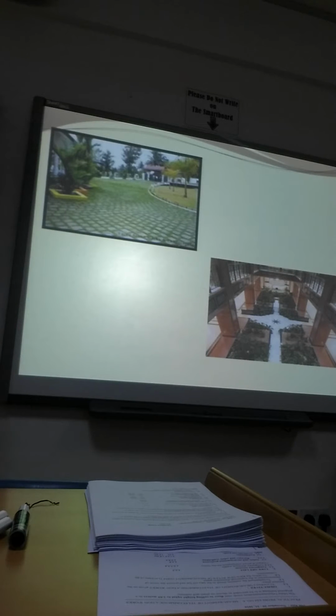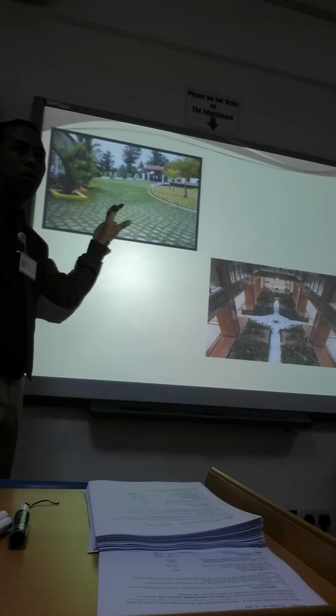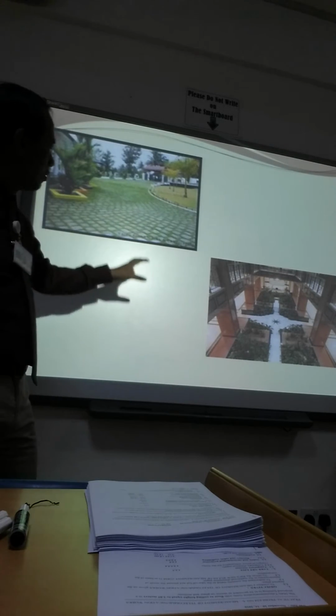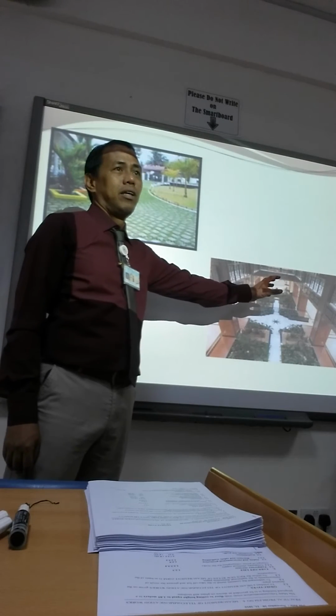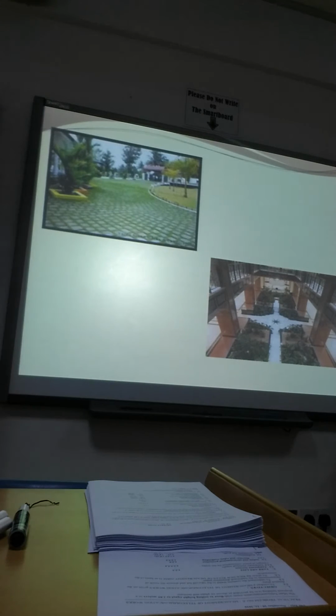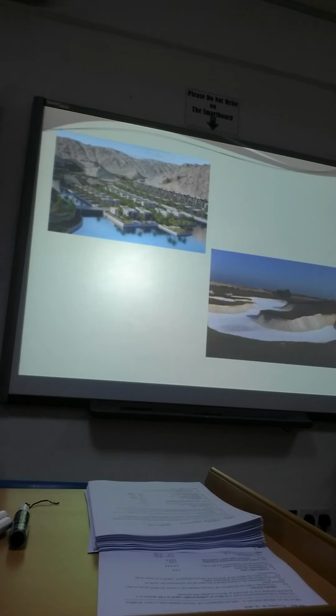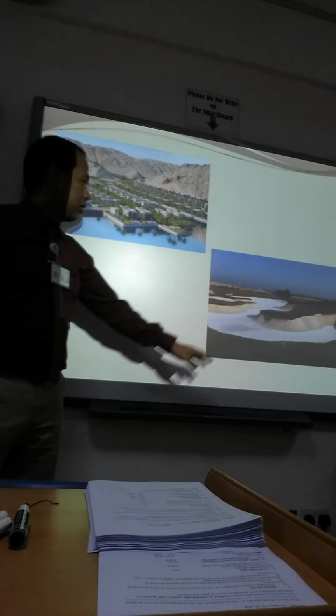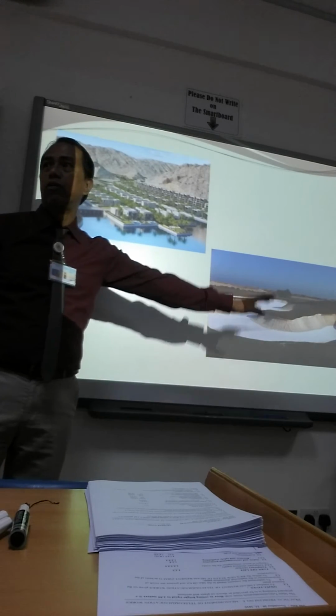Therefore, this is the example of how a soft landscape will be. It may be in the exterior or external work, or internal work inside the building structure. Then maybe you are dealing with a residential community or a sports facility such as a golf course.